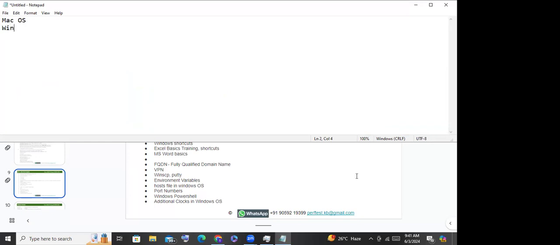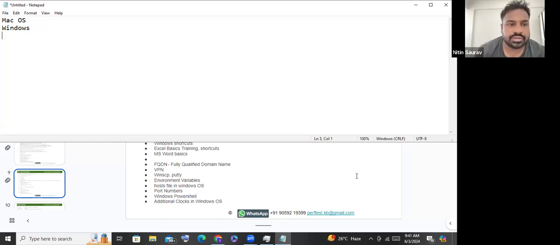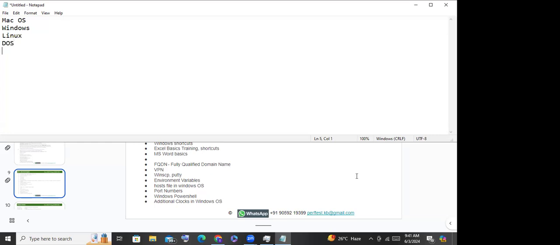After that, single user and multi-user operating systems. But let's stick to the different types of operating systems. After that, Linux. After that, DOS. Mac OS is already listed.